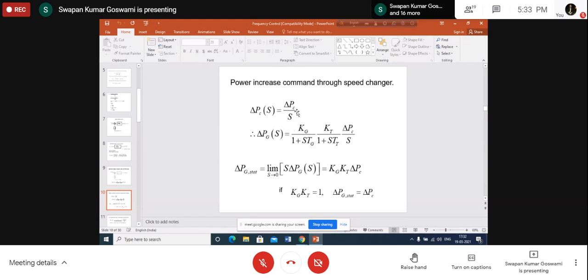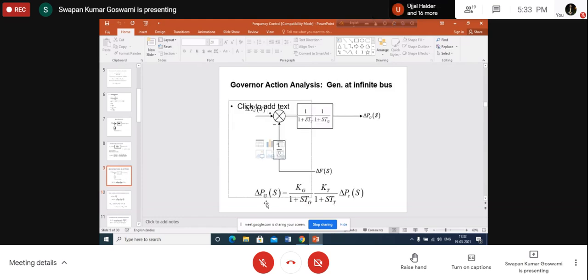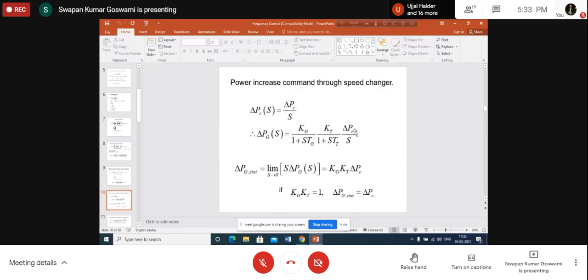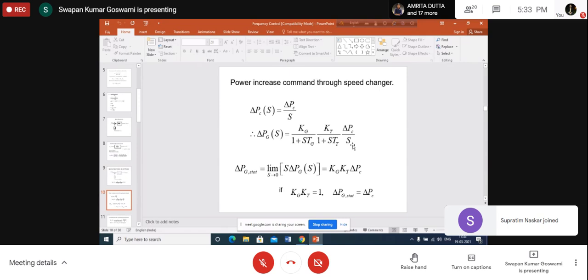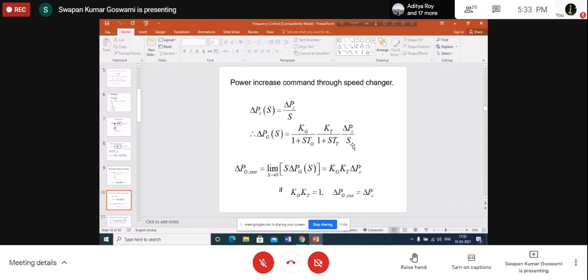So if this is delta PC(S), what is delta PG(S)? Put the value of delta PC(S) here. Now, following a power increase command equal to delta PC, how much will be the change in the power output? What will be the final value of the change in power output?